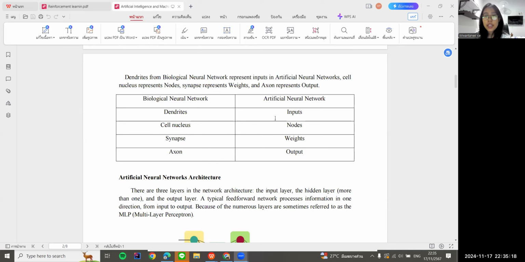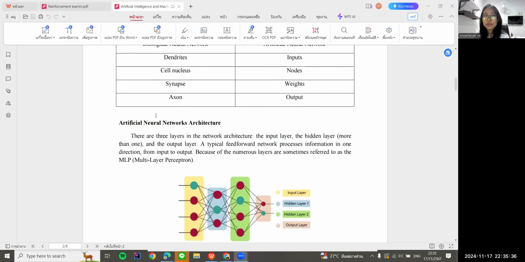The left side is the biological neural network, and the right side is the artificial neural network. In the artificial neural network, the input is the dendrites, the cell nucleus is the node, the synapse is the weight, and the axon is the output.